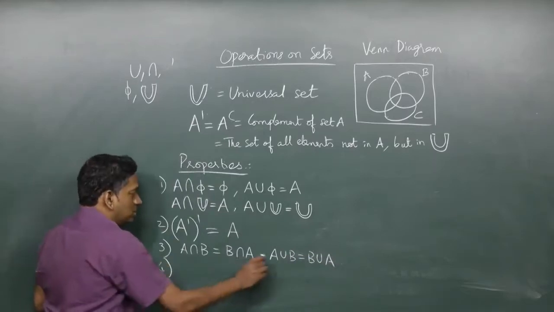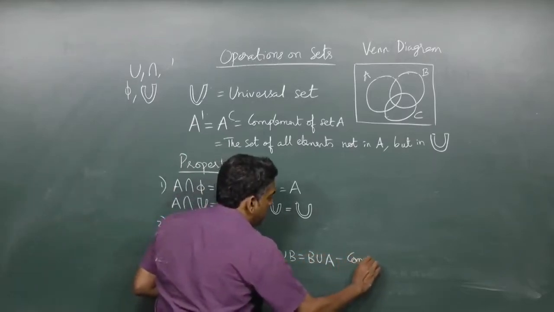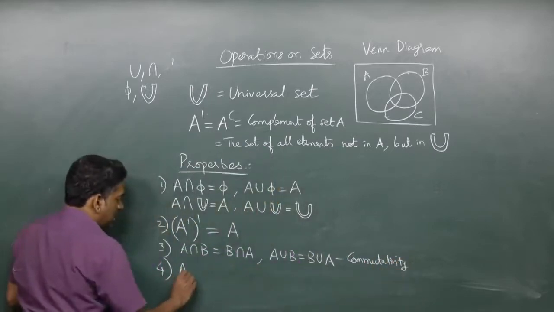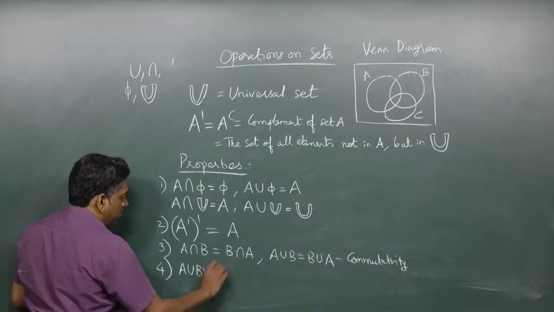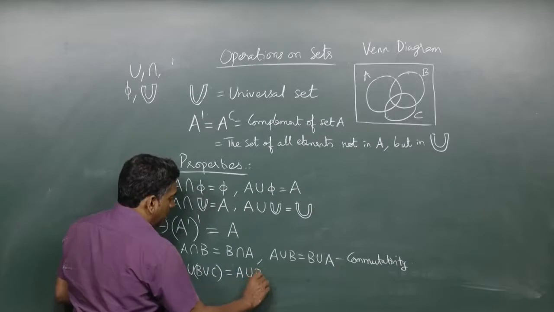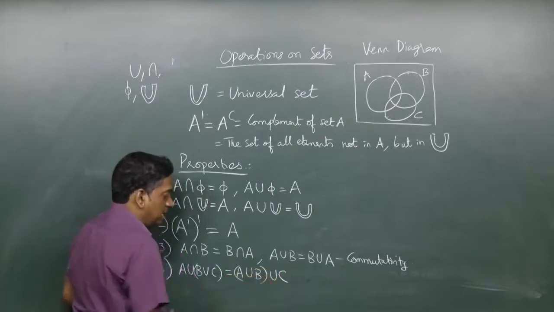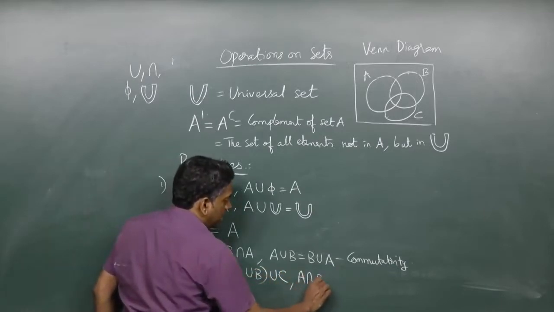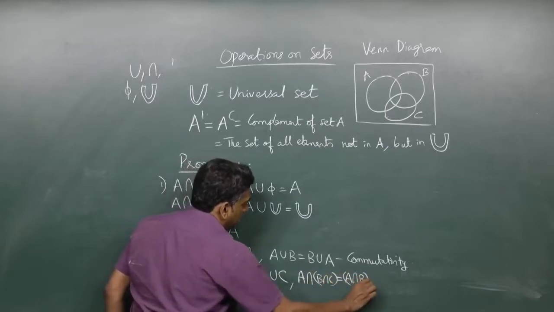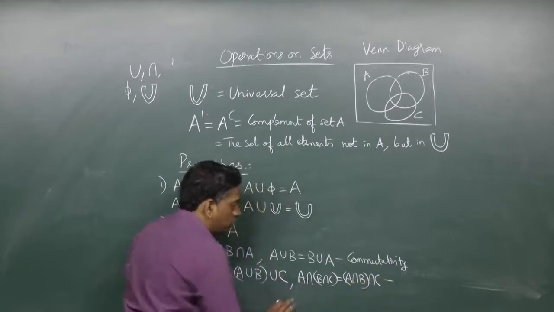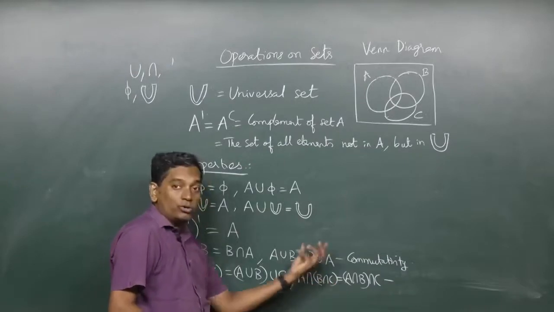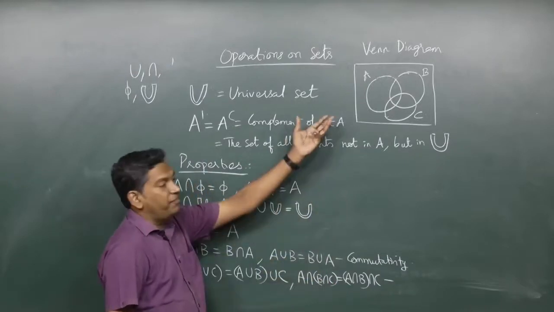The next is, so this is commutativity. Okay. The next is associativity. A union B union C is nothing but A union B union C, grouped differently, and similarly A intersection B intersection C is equal to A intersection B intersection C, grouped differently. So you can change the order of which intersection you want to do first, and this is easily verified using the Venn diagram.